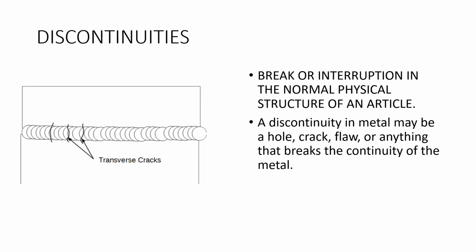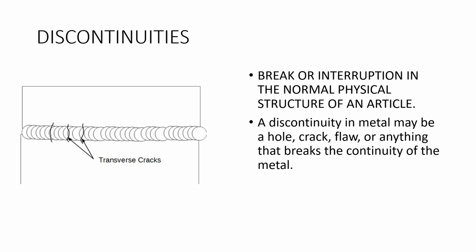And discontinuities in metal, like I said, I'm a welding guy for the most part. It can be a hole, a crack, a flaw, or anything that breaks the continuity of the metal. That's what we're talking about. So it's just something that isn't in that normal physical structure. So that's what we call a discontinuity.